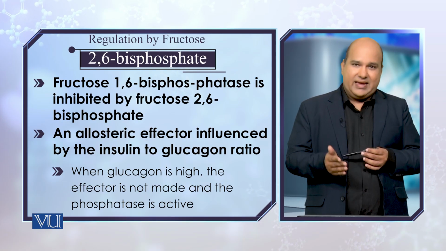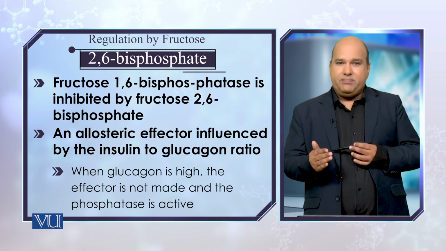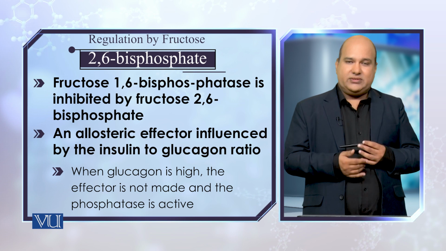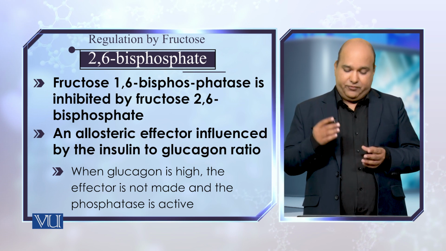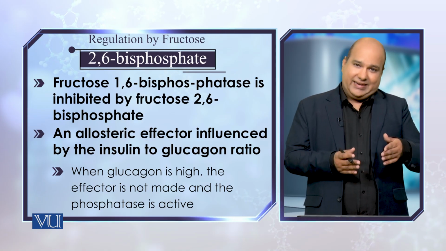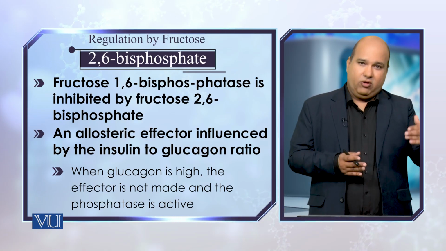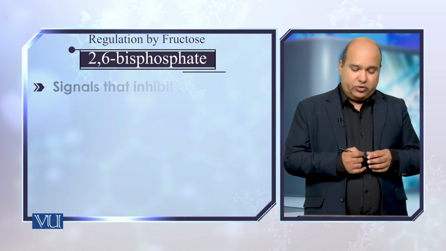So ATP acts as an activator and AMP acts as an inhibitor of gluconeogenesis. Similarly, fructose 2,6 biphosphate acts as an inhibitor of gluconeogenesis.